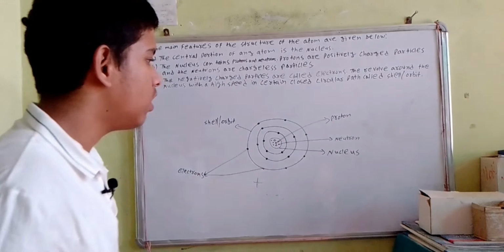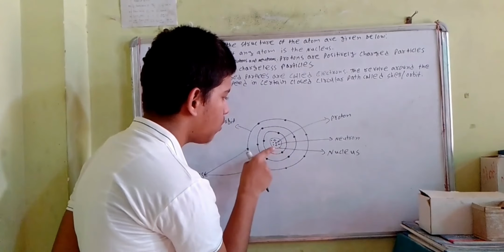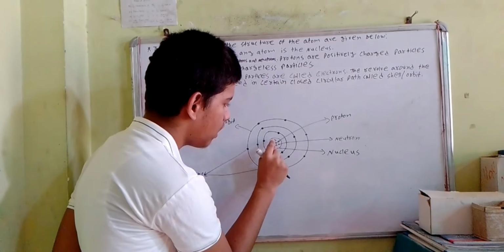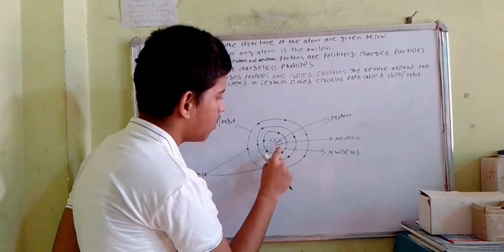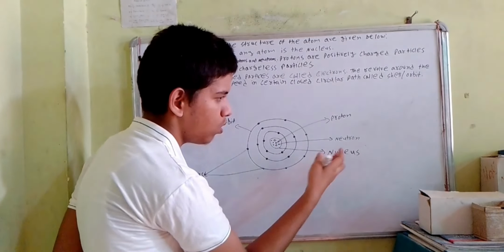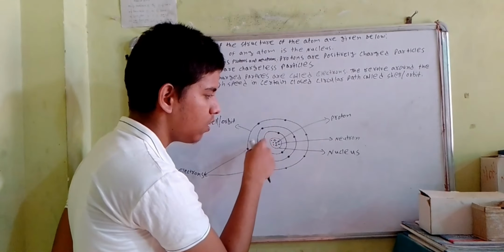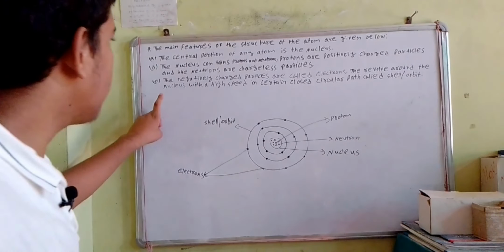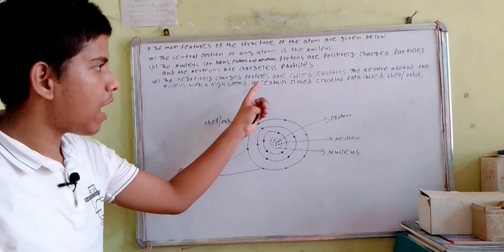So here you can see in this structure, this is the nucleus. Inside this you can see those little things. This thing is a proton, and this thing is a neutron. So neutrons and protons are in the center, in the nucleus. And then we have the negatively charged particles, called electrons.